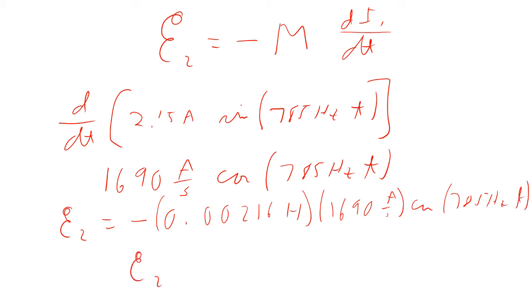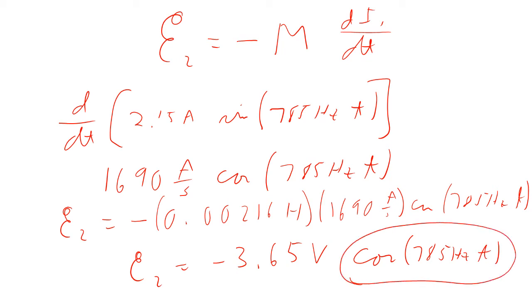So the EMF turns out to be minus 3.65 volts times the cosine 785 hertz t. All this is saying is that the voltage changes as a function of time, as a cosine. So that's the amplitude of it right there.